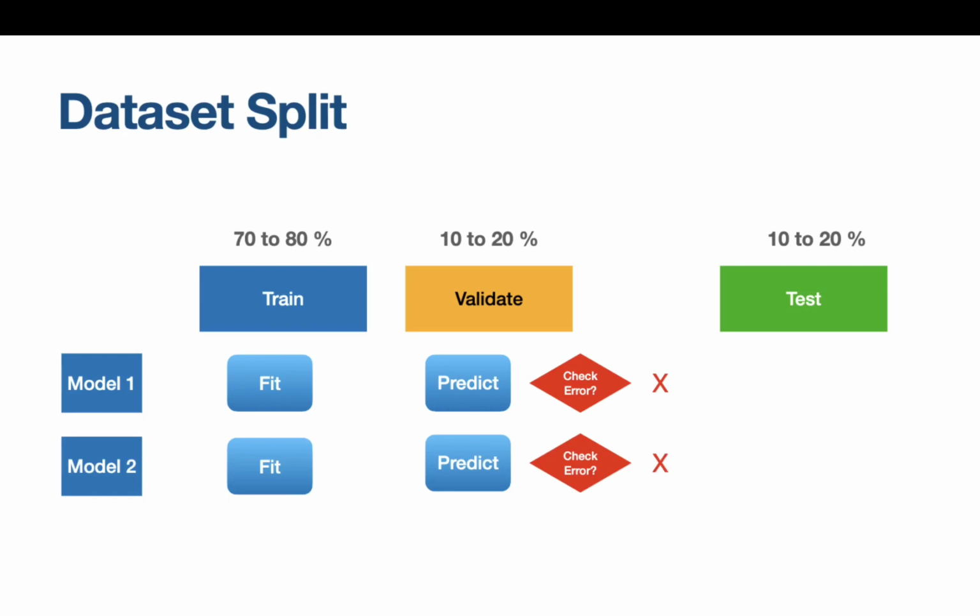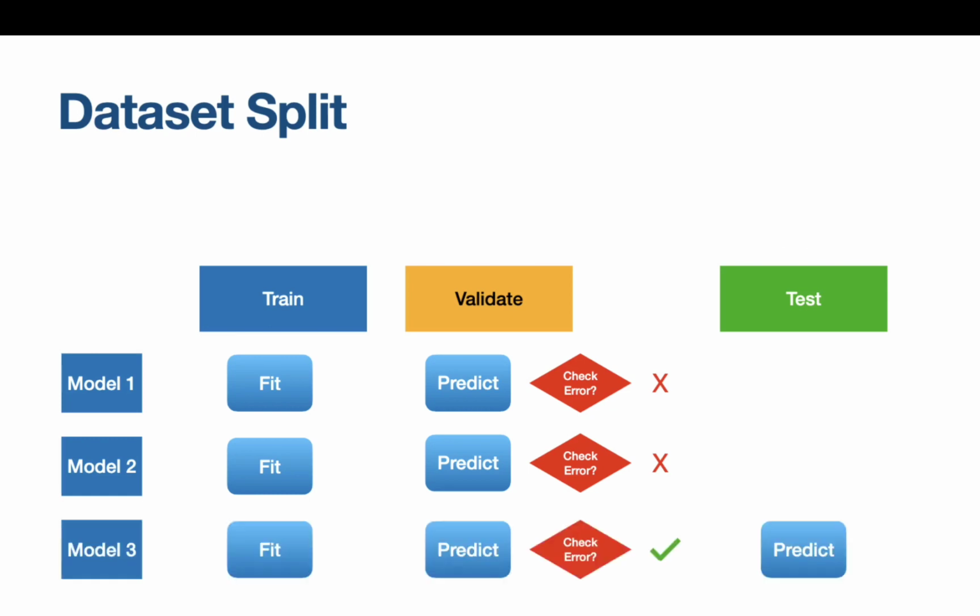We can do this until we find a model which performs well on the validation data, and then we use that model to predict on the test data or the unseen data. The key here is we would like to evaluate our model on a validation set, which is also called a holdout set, where it is not being trained on. So that is the key in this concept.